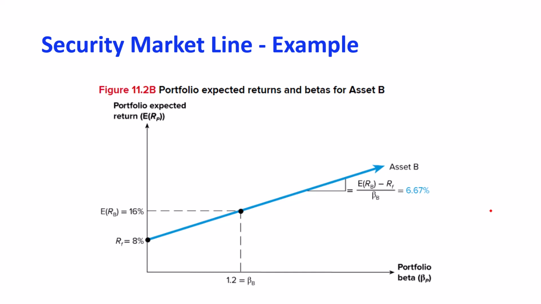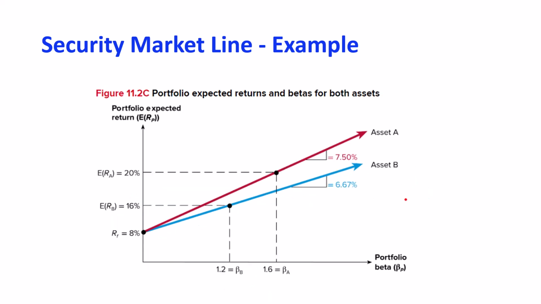Here we have another asset, asset B, with a beta of 1.2 and expected return of 16. So in this asset, the reward to risk ratio is 6.67%. Now let's put these two together. We have asset A and asset B in the same graph. The key thing to notice is that when we compare the results of asset A and B, as it is shown in this graph, the line describing asset A always outperforms asset B. How come?